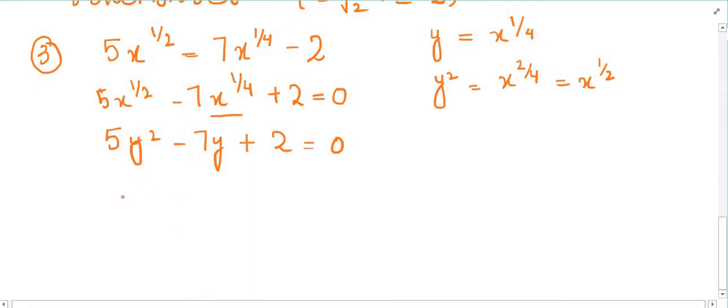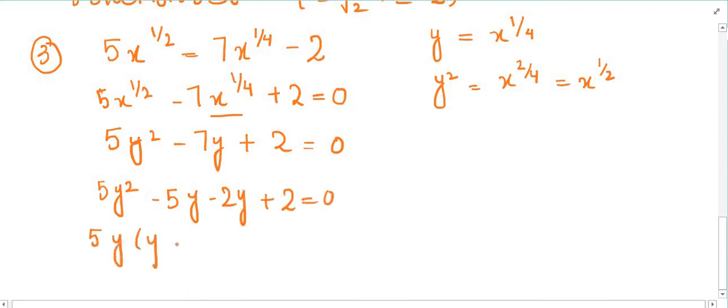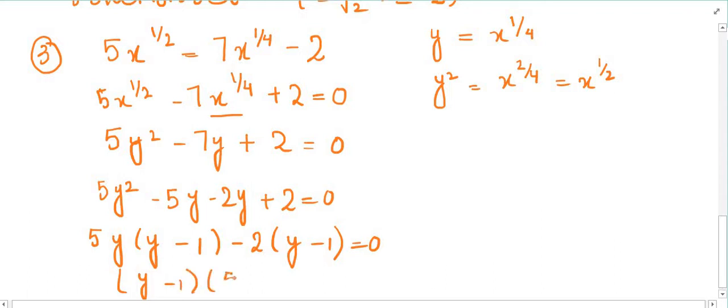It becomes 5y^2 minus 5y minus 2y plus 2 equals 0. It becomes 5y(y minus 1) minus 2(y minus 1) equals 0. This is (y minus 1)(5y minus 2) equals 0.